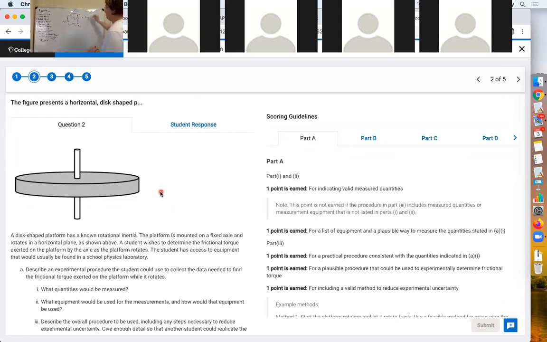So I'm going to draw this out. And again, in general, whenever you encounter a lab question, you do not need to go in order. And when I answer a lab question, I never go in order.